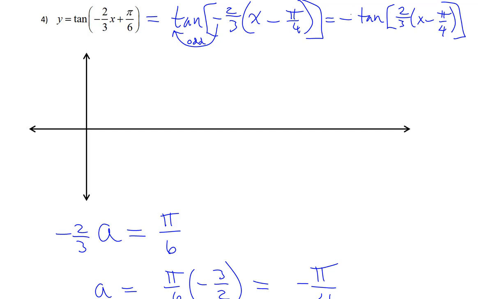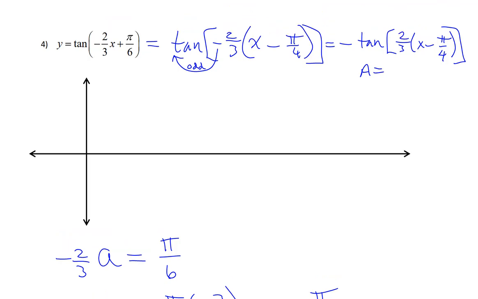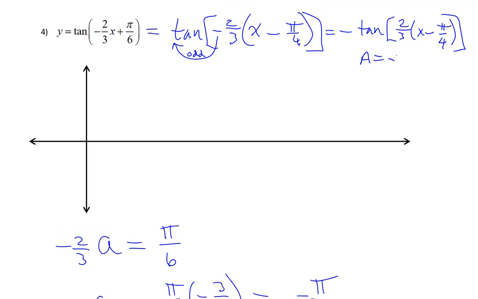It does mean, however, that there is a negative in front, and that tells us that A is actually -1, which means there's a vertical reflection. Okay, so that's A. B is the number we factored out. That's 2/3.